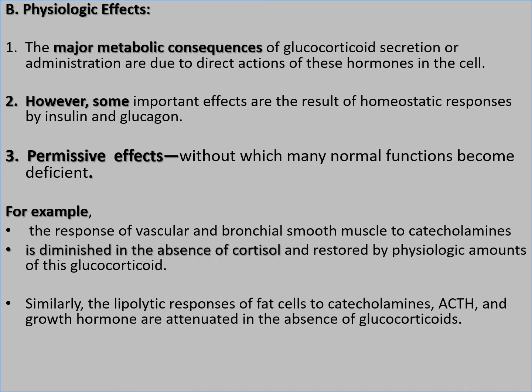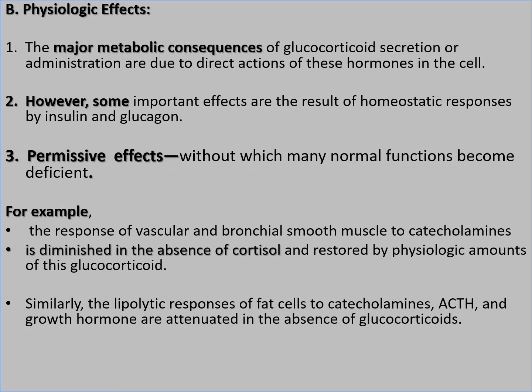Meaning if the body is experiencing a low amount of cortisol, the response of the vascular and bronchial smooth muscle to catecholamines will also be diminished. This is one example. The other example is the lipolytic response of fat cells to catecholamines, ACTH and growth hormone, which is attenuated in the absence of glucocorticoids.